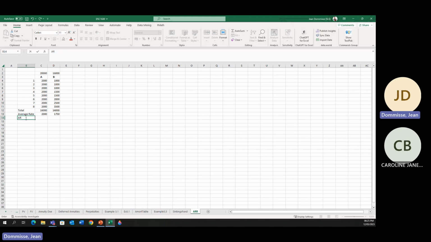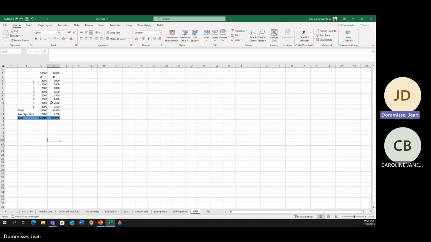Your average rate of return is that 2,000 divided by your initial investment, put as a percentage. The same for the second one: your average of 1,750 divided by the 16,000, which gives you 11%. Let's round it off to 2 decimals, but we can just look at it.